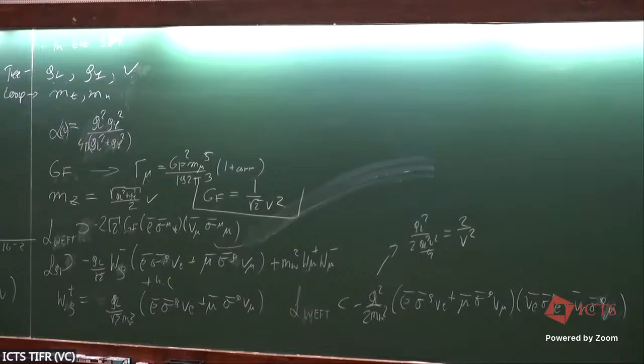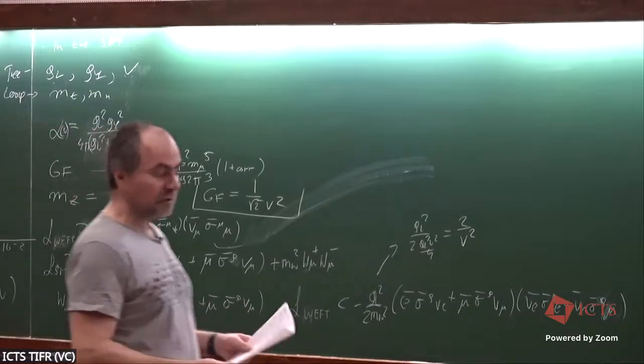The running is called alpha 5 hadronic, something like that, and it makes the error larger. Sometimes alpha 5 hadronic is also determined from the fit, so it's used as an input also in the fit. It's like a nuisance parameter that you don't know.